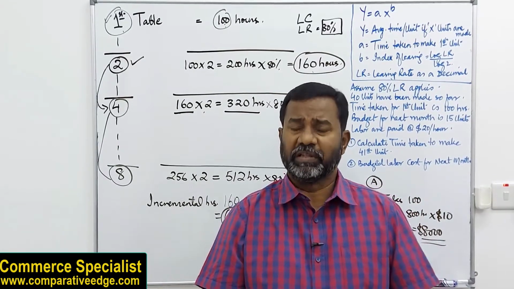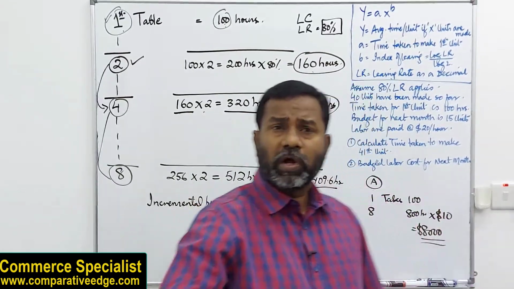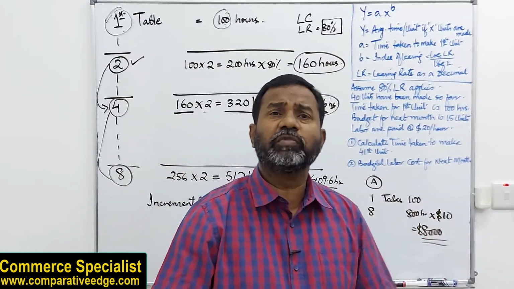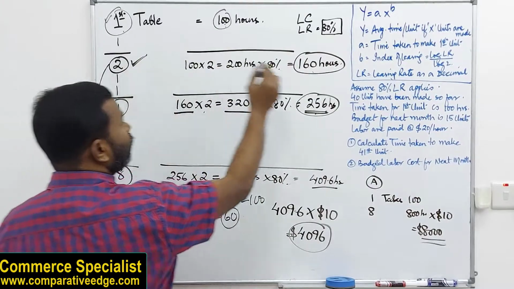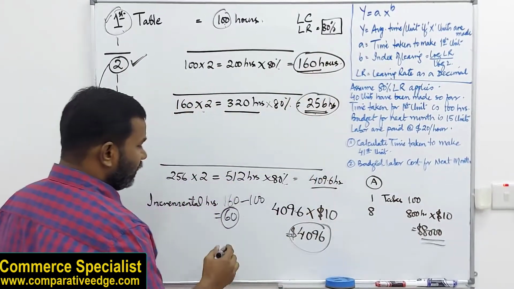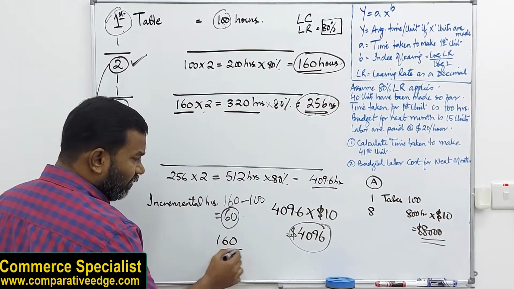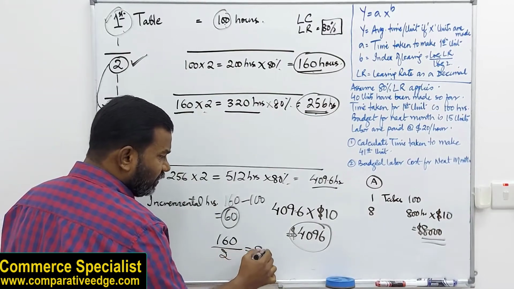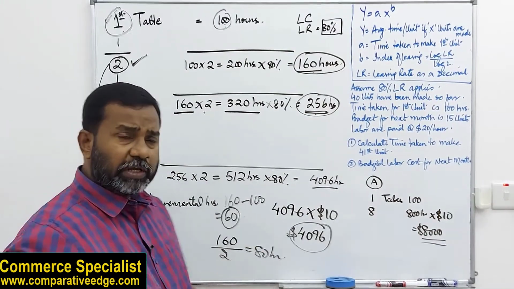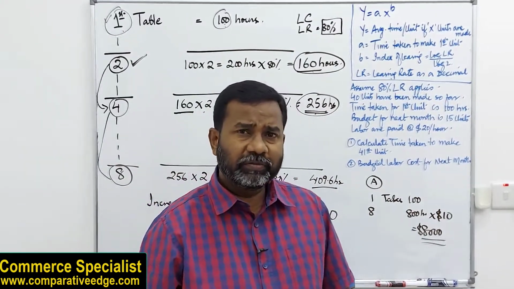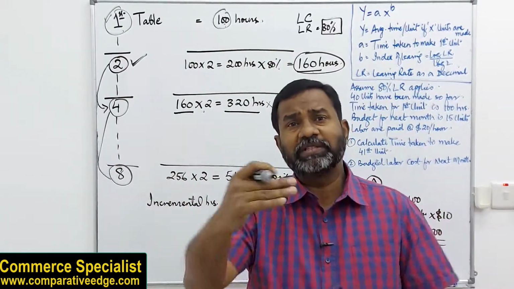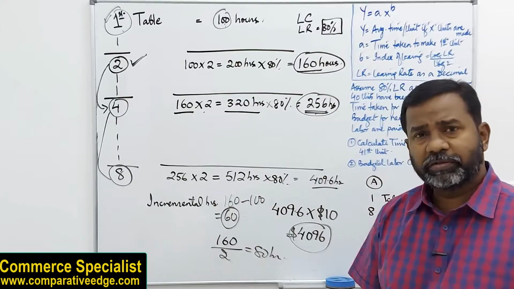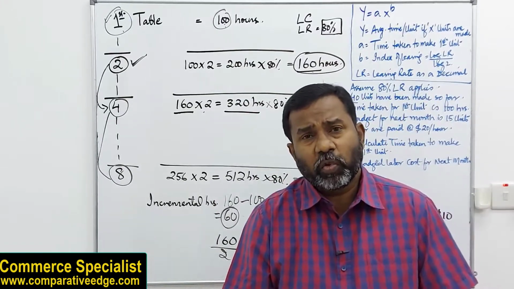Sometimes you're asked this in the exam. You are also asked what is the average time to make one table. So obviously if two tables require 160 hours, the average time to make one table, you just divide, which is 80 hours. So can you see the magic of learning curve? One table 100 hours. Incremental time to make the second table is just 60 hours. What is the average time to make one table?